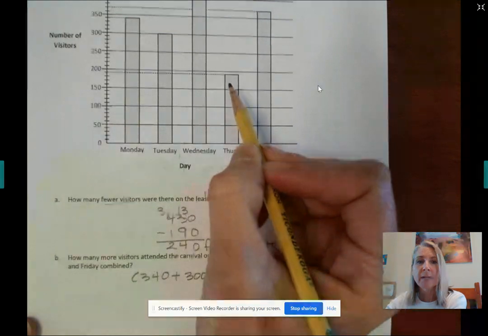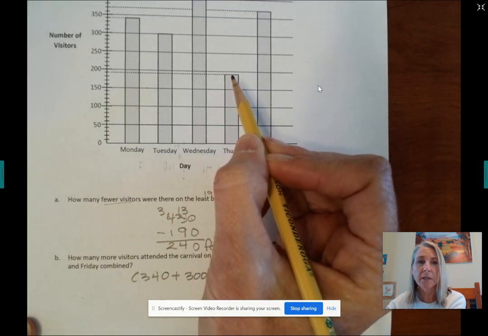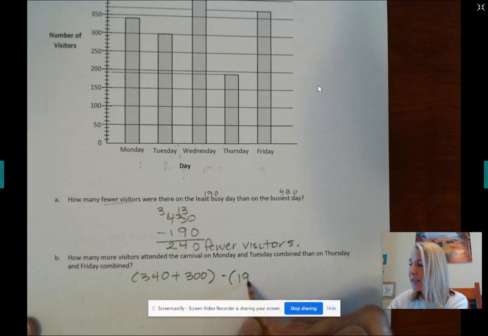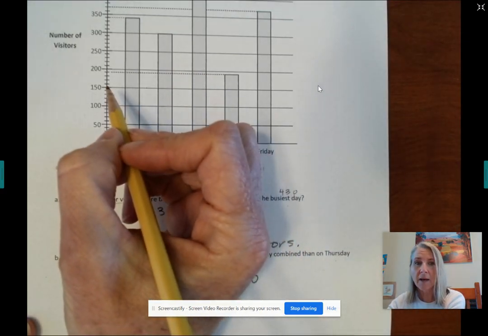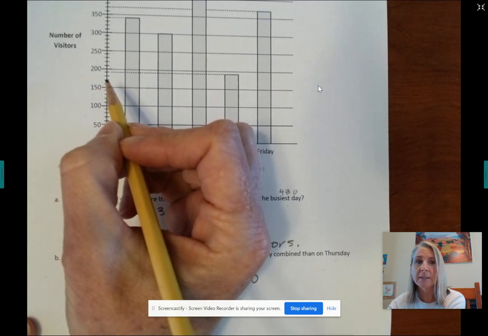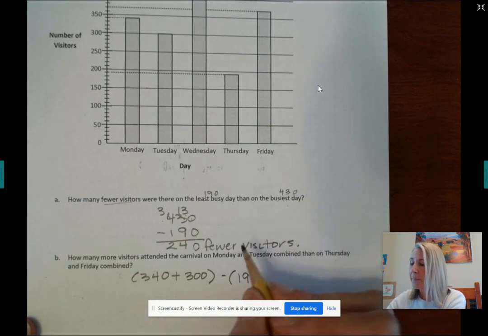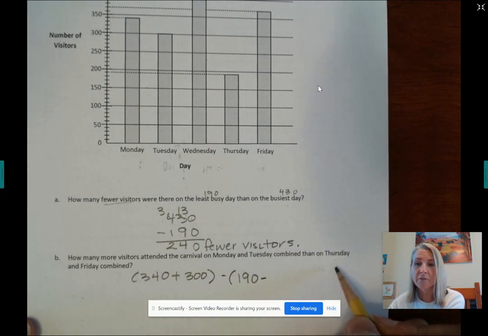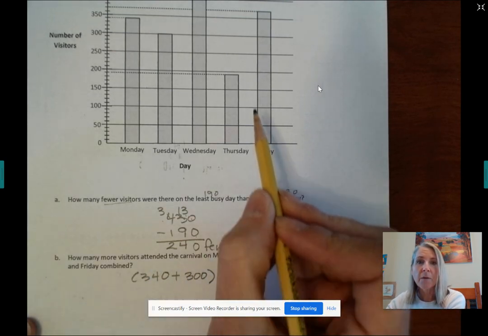So my Thursday is one tick mark below 200, and those tick marks represent 10. So 10 from 200 is 190. Now, if you don't like subtracting the tens, you can always skip count your way up: 150, 160, 170, 180, 190. It's really a preference in what you find is the most effective and accurate for your own thinking. On Friday, we would go up here.